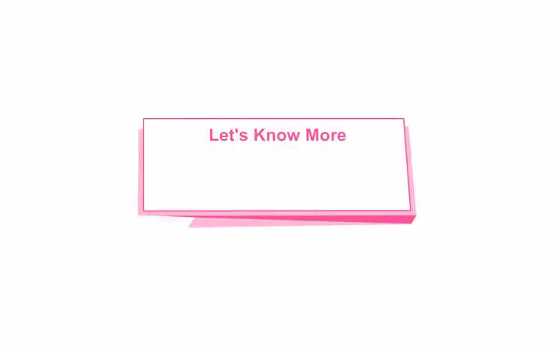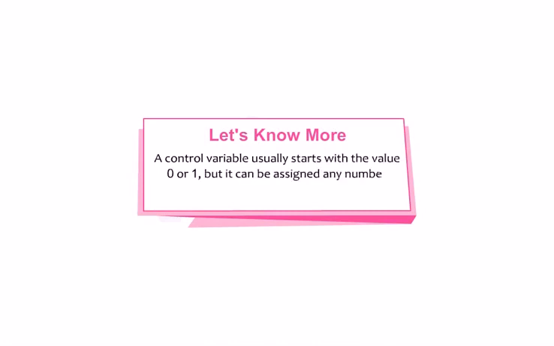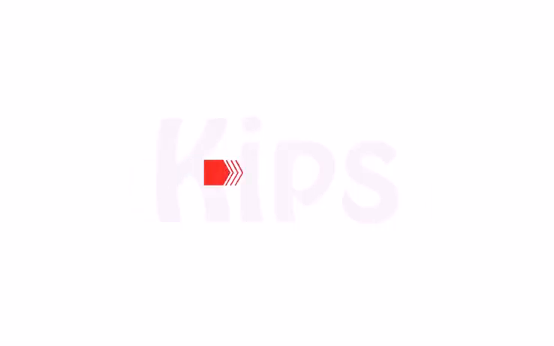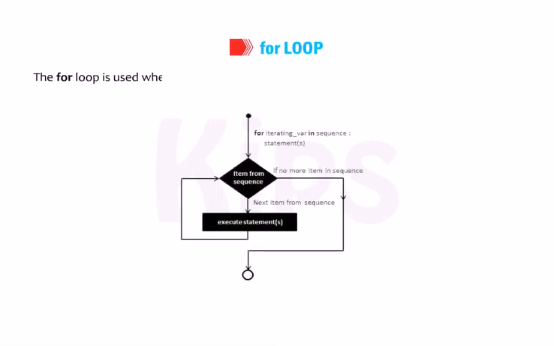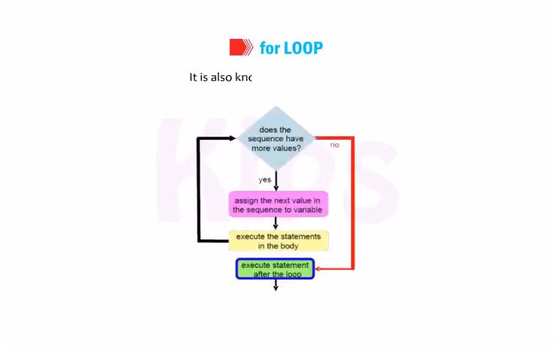Students, let's know more. A control variable usually starts with the value 0 or 1, but it can be assigned any number depending on the user's requirement. Students, now let us understand the for loop. The for loop is used when we are sure about how many times a loop body will be executed. It is also known as a definite loop.